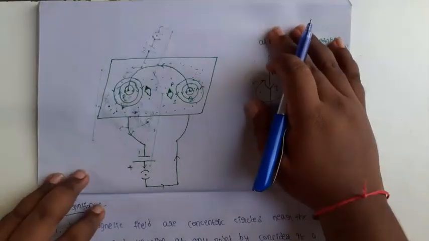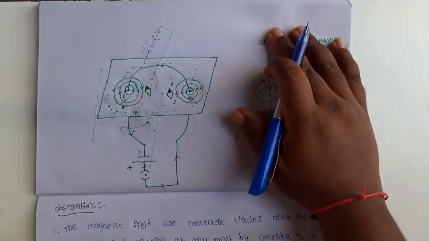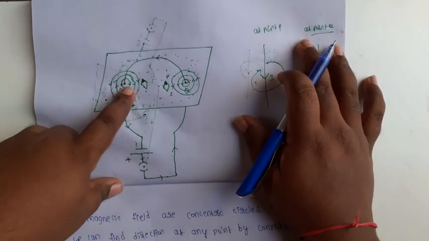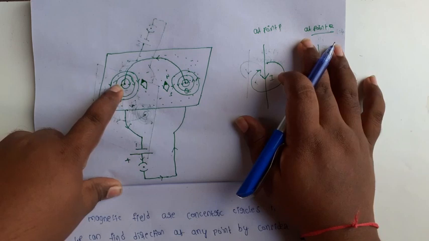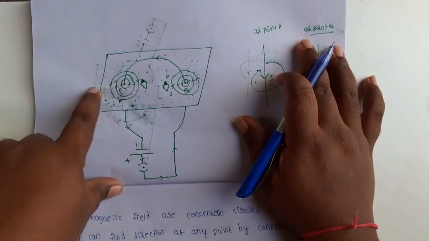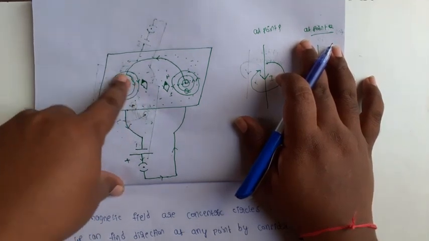These are the concentric circles. If you move away from the center of the concentric circles, the magnetic field lines become very big.